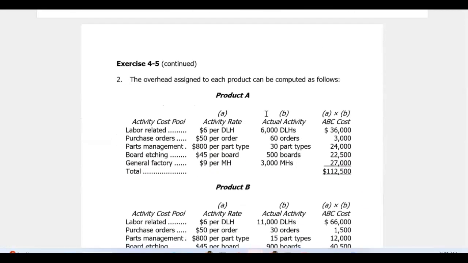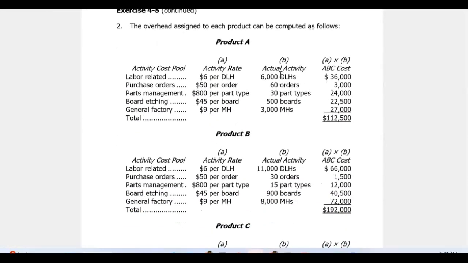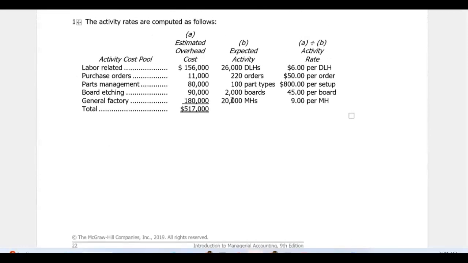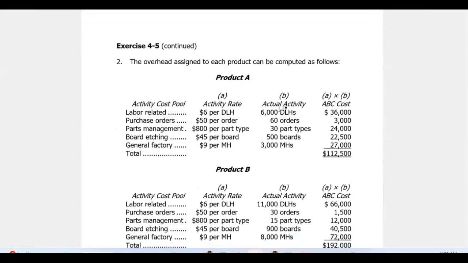But when you apply, you always apply based on actual. So for product A, that is 6,000 actual direct labor hours. Don't mix up those actual activities. You have actual activities for every product.